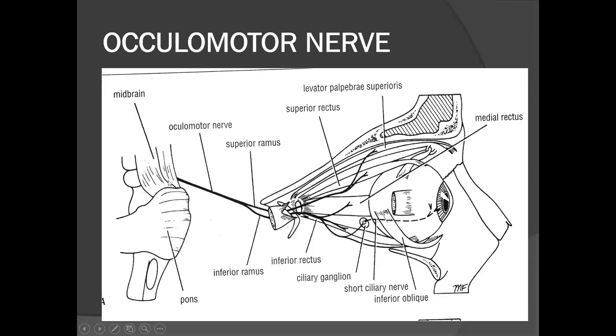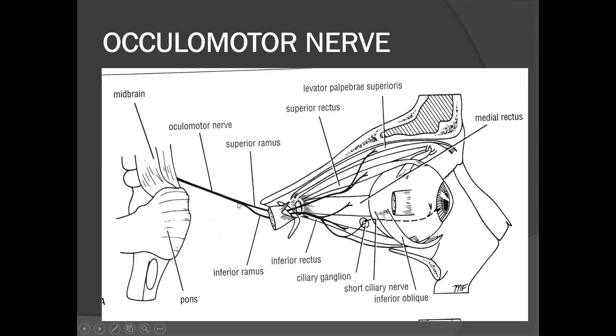So the oculomotor nerve, summarizing, comes out from the midbrain, from the ventral part of the midbrain, between the 2 cerebral peduncles to be precise, and passing through the interpeduncular fossa, it enters the cavernous sinus wall in its course.